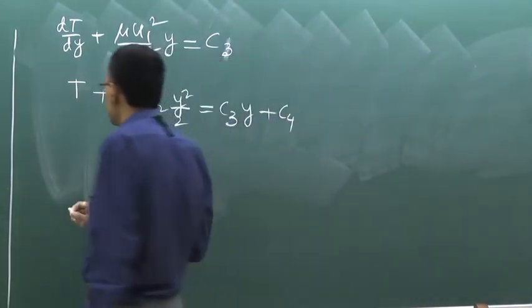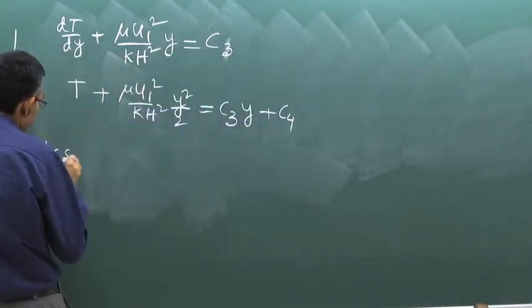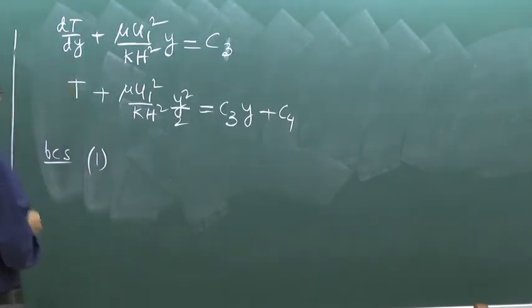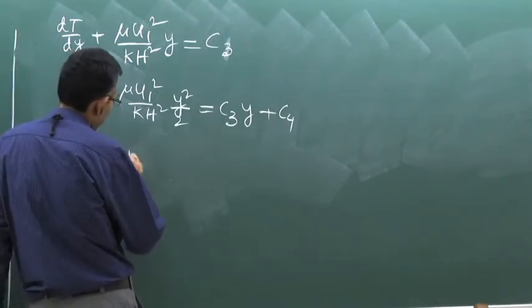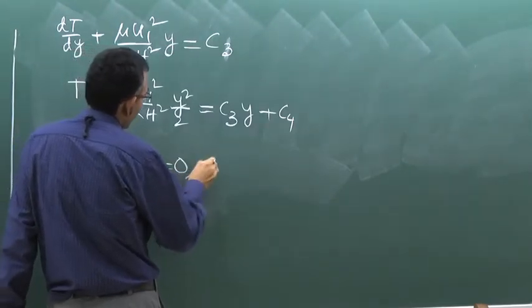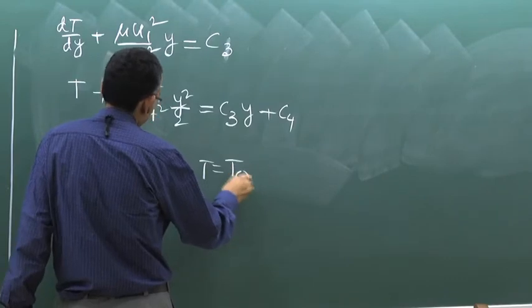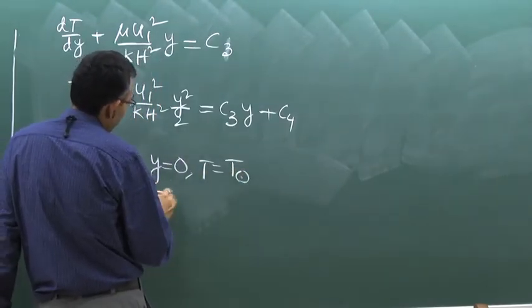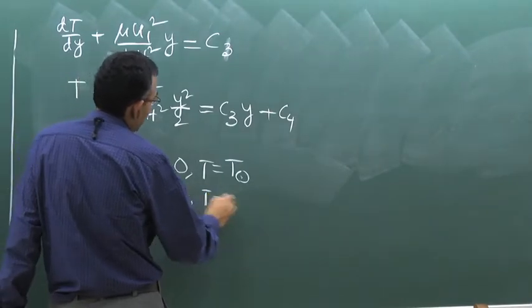What are the boundary conditions? At y equal to 0, T equals T0, and at y equal to h, T equals T1.